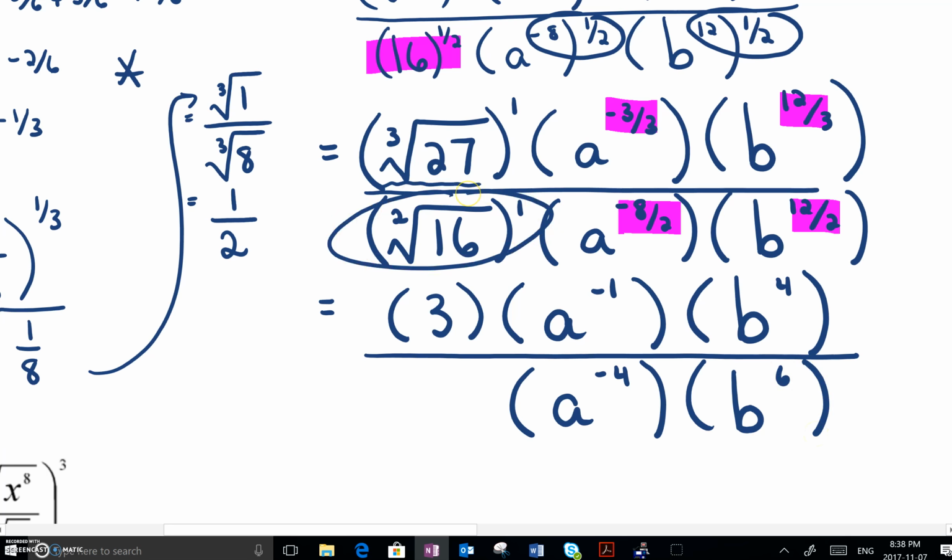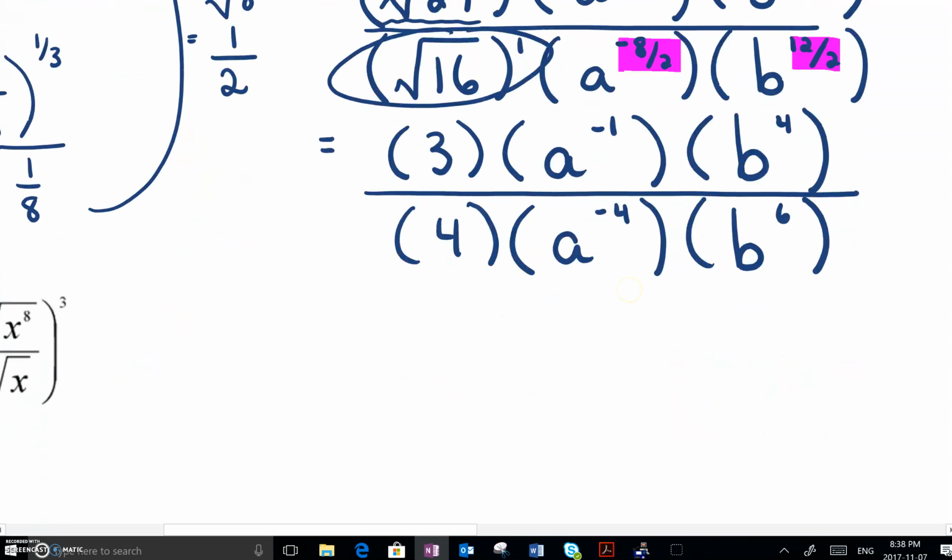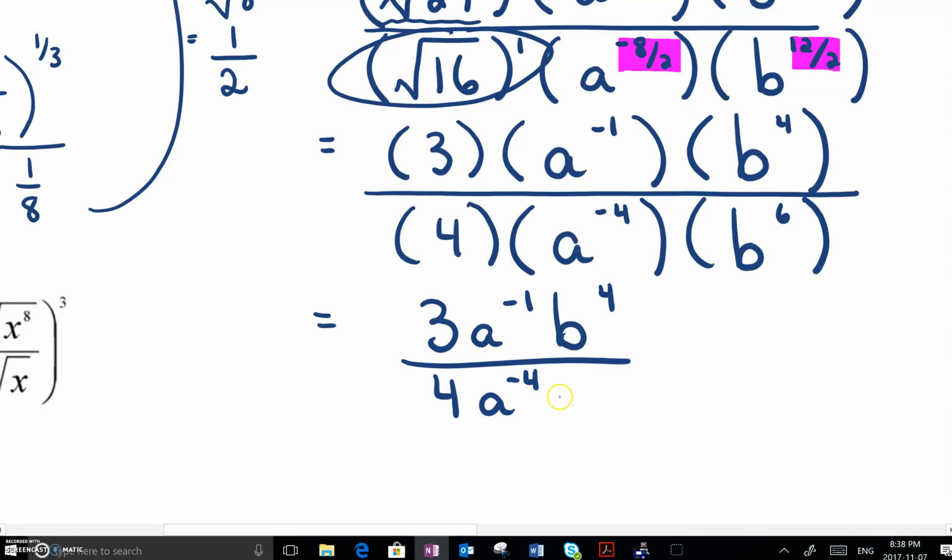To calculate this part here, we know again anything to the power of 1 is just the anything. And this is the second root of 16, which the 2 doesn't really need to be there. It's really just the square root of 16, which is 4. So, moving on, we have 3a to the power of negative 1, b to the power of 4, and 4a to the power of negative 4, b to the power of 6.